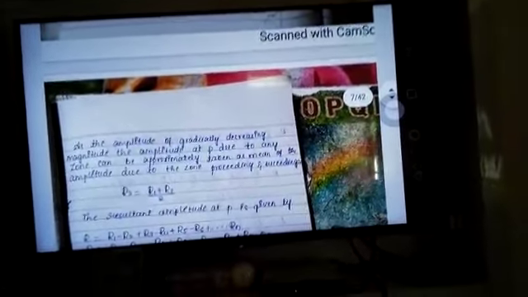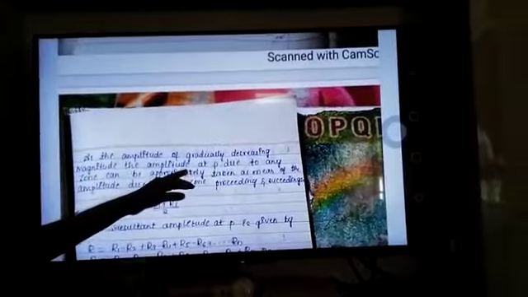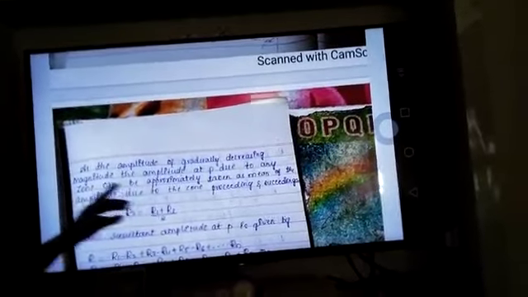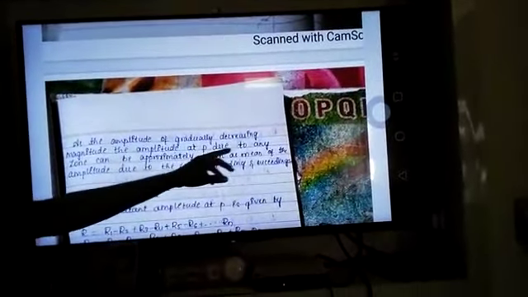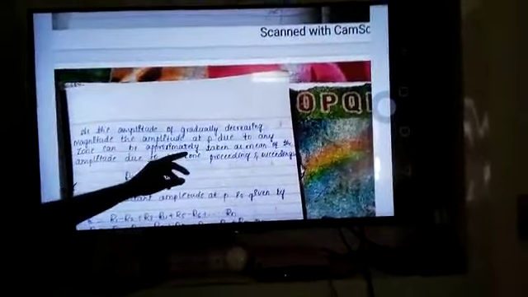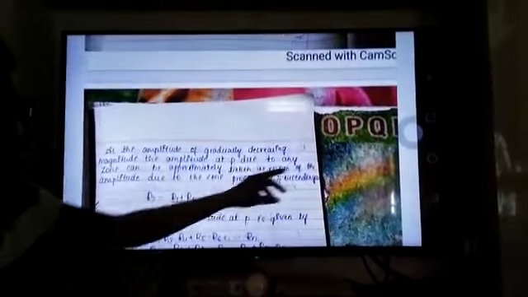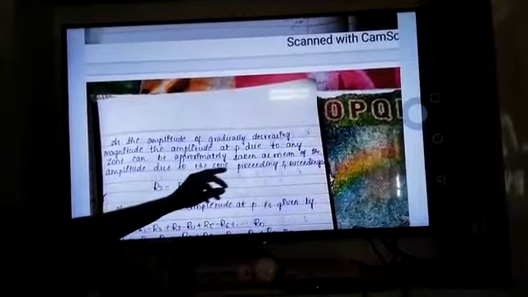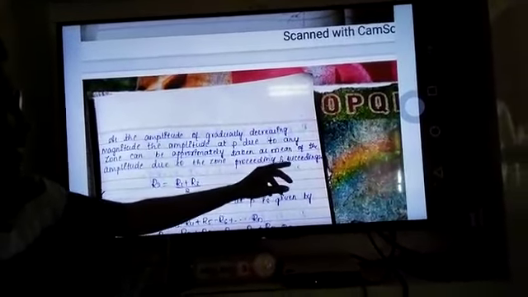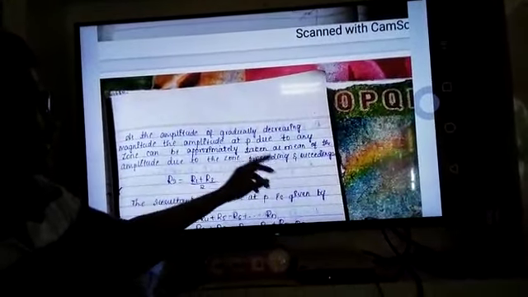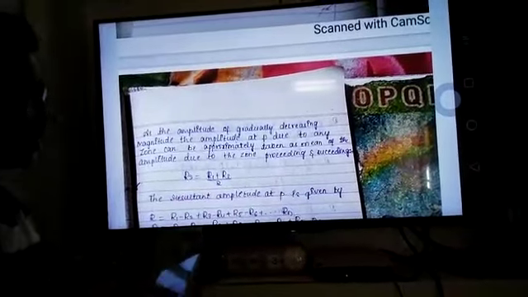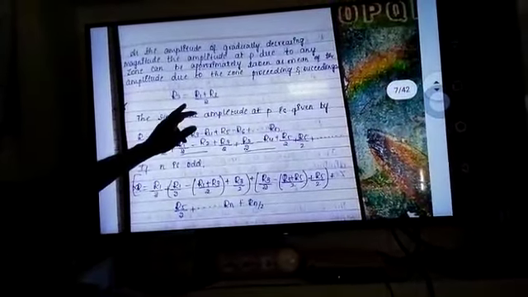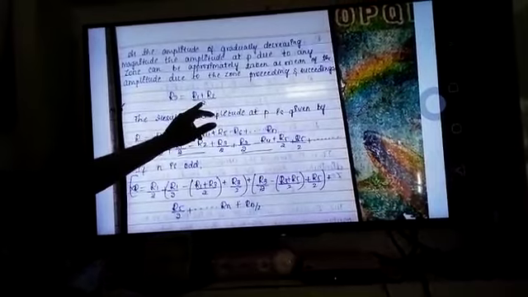As the amplitudes are gradually decreasing in magnitude, the amplitude at P due to any zone can be approximately taken as the mean of the amplitudes due to the zones preceding and succeeding. Preceding means increasing, succeeding means decreasing. Therefore R2 is equal to R1 plus R3 by 2.